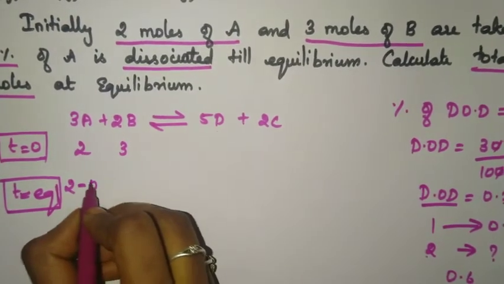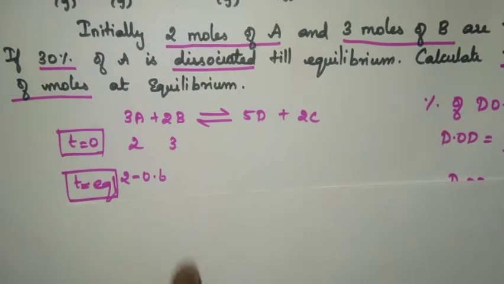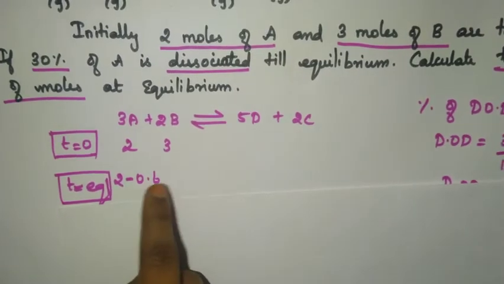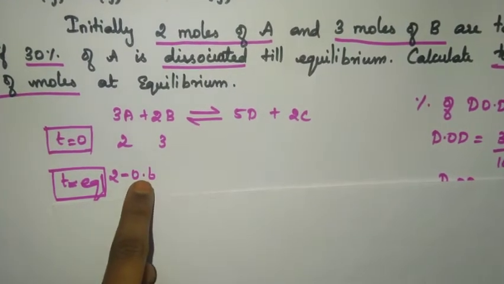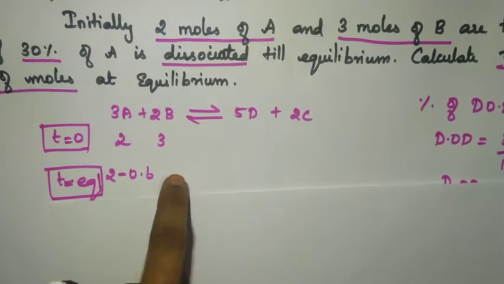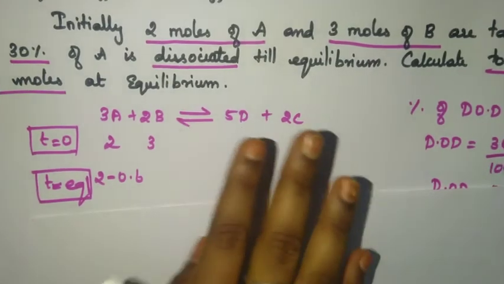So that is 0.6. At this point you have to be very careful, because if you make mistakes, such as taking 0.2 mole as dissociated here and also the 0.6 as forming in this 2, then you are going to lose your marks.